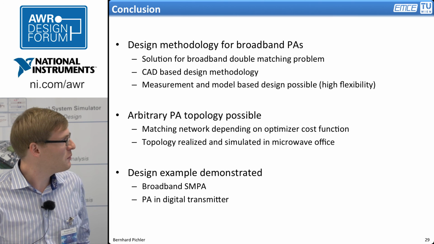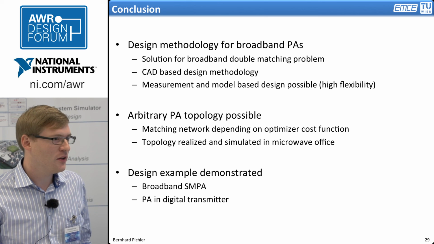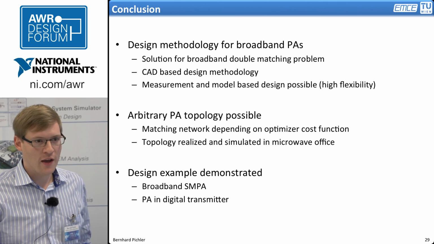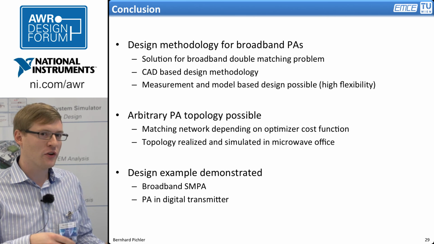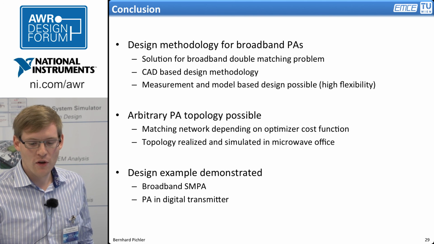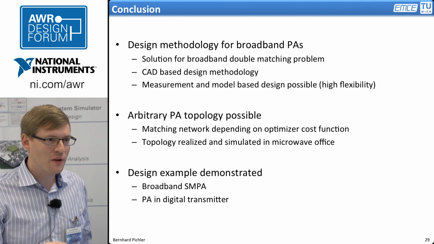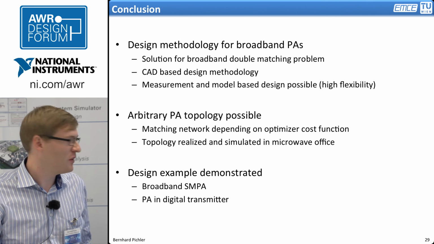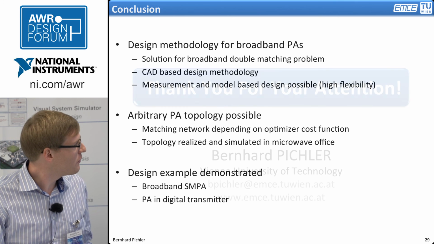This is a very flexible solution because you only have to design your cost function in the optimization, and you can even use Microwave Office to calculate the gain or efficiency of your amplifier as you want. And again, I presented two examples, a broadband power amplifier and also a more sophisticated one for a digital transmitter. So, thank you for your attention.